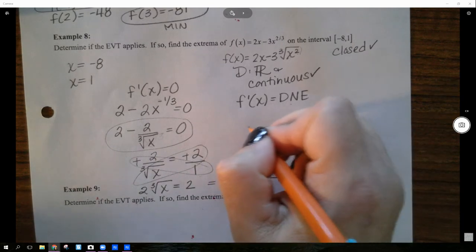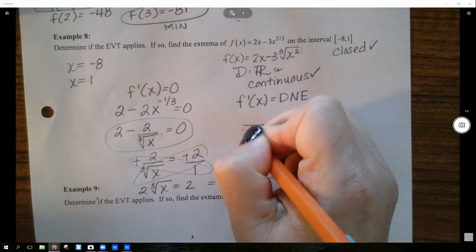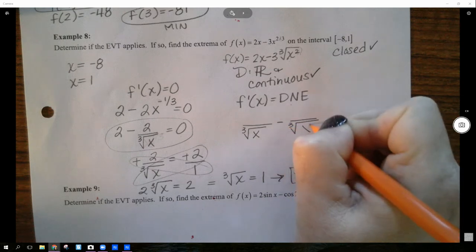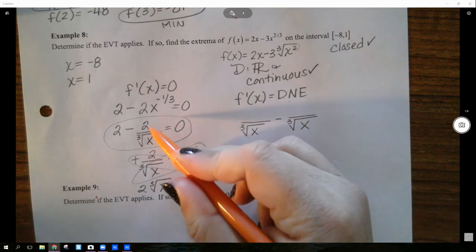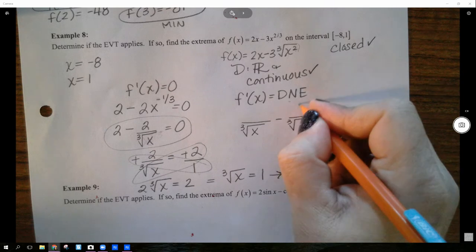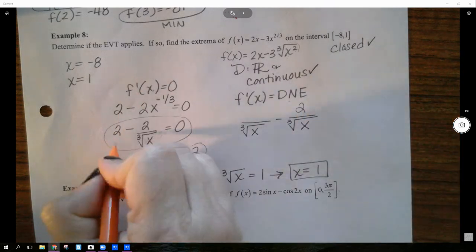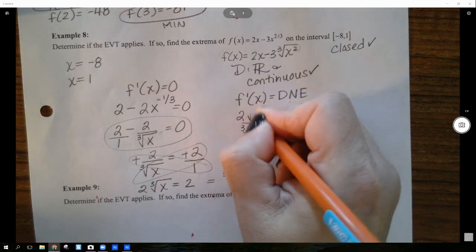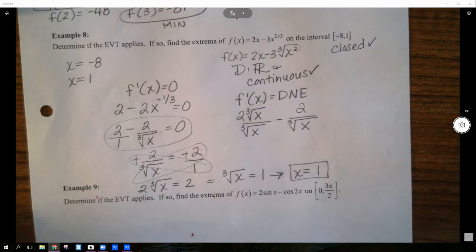So the common denominator would need to be cube root of x. Now, the second one has the cube root of x right there, so that's just going to stay at 2. But this was over 1. So if I multiply by cube root of x on the bottom, I need to multiply by cube root of x on the top. Okay?